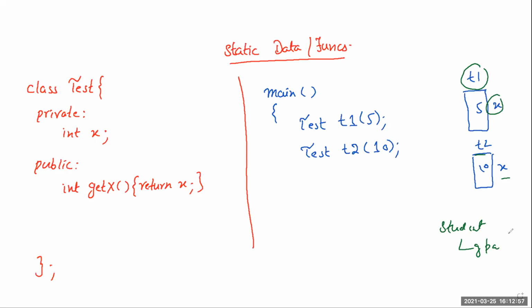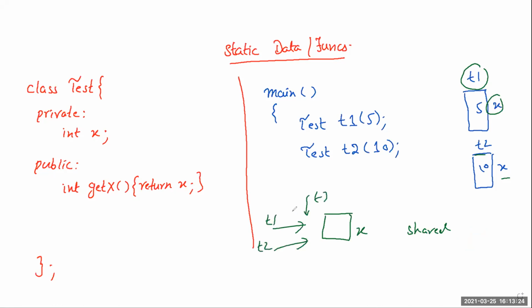Okay. Now, suppose there is a situation, and as I told you, this is not very frequent, but since it is a concept, let's discuss it. Suppose we don't actually want this. We don't want a separate copy of x for t1 and t2, but what we want is that there is one shared memory location, which is shared by all the objects of this class, say t1, t2, t3, and so on.